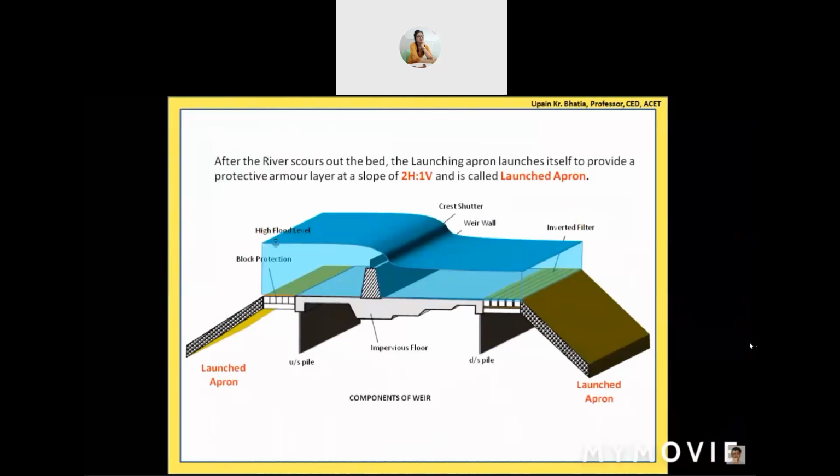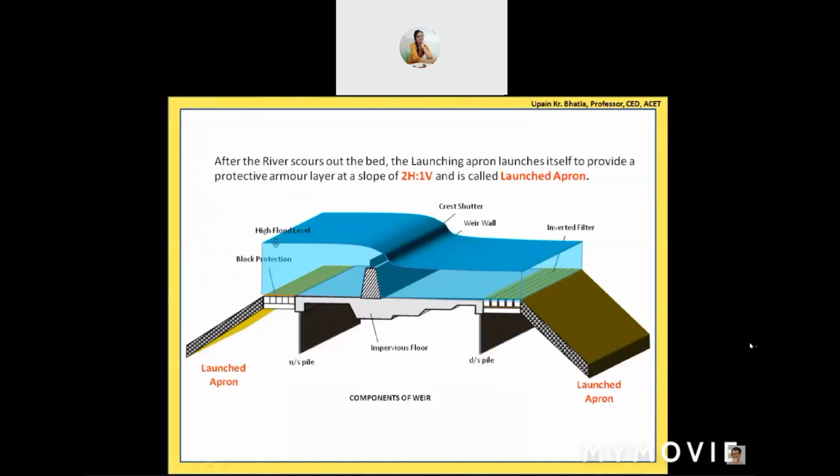It protects the structure. When the flood wave passes and the normal flow conditions prevail again, this will not come back. It will be there, but it will keep protecting. Now, when the normal conditions prevail, this bed level may start building up again because of the deposition of the sediment that comes from the upstream side. But this launched apron will remain in the position of the launched apron only, and it will keep protecting.